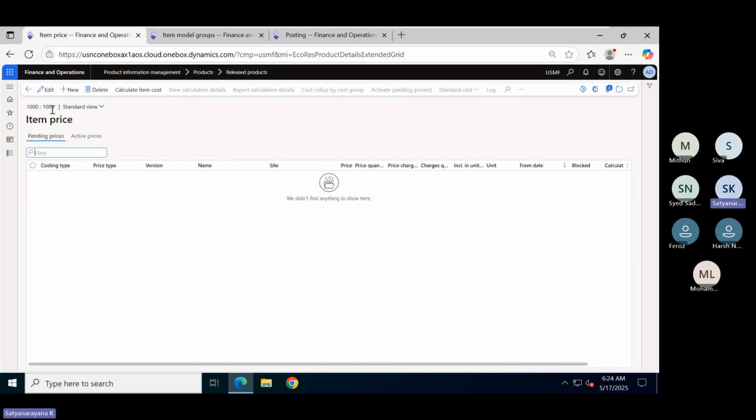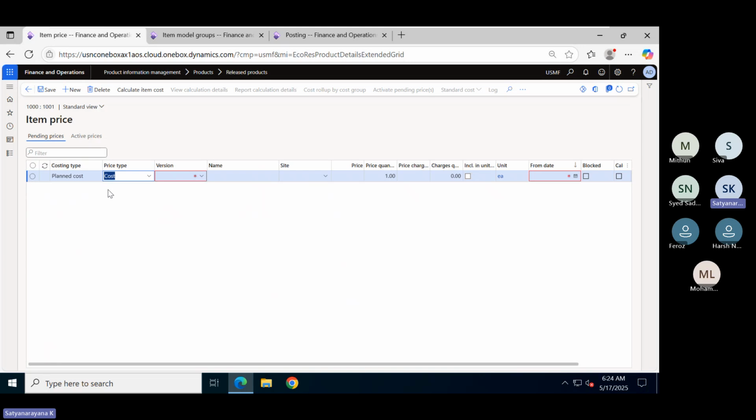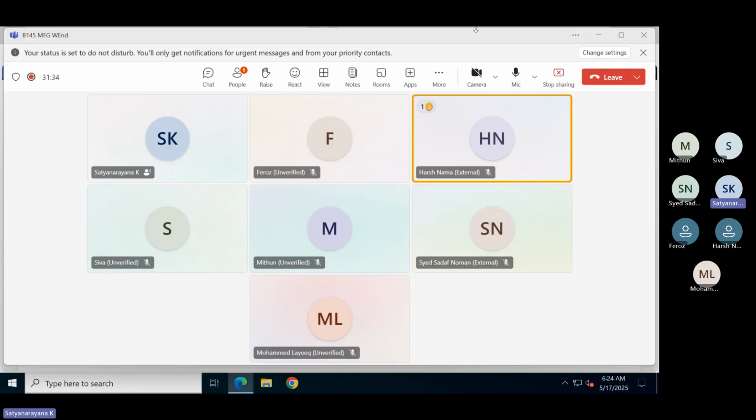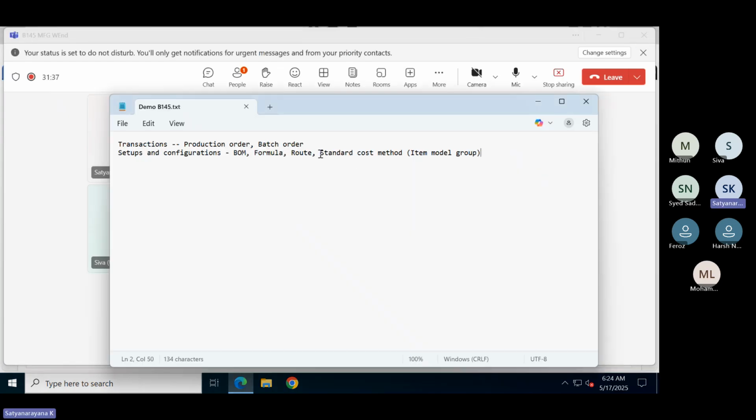If you click on new, here you need to have costing version. This costing version is designed for standard cost method. You are going to learn standard cost method in a completely different way, because you never came across this functionality before.